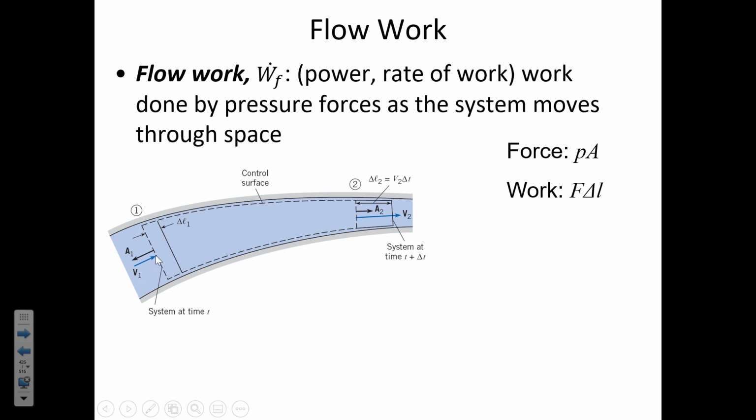And so if you look at the difference in forces, because the forces on the left push to the right, and the forces on the right of the control volume resist that, so they're pointing the other direction, and the forces on the left are larger, so the net force is acting towards the right, and over some distance, then there's going to be a work involved in that force times a length.